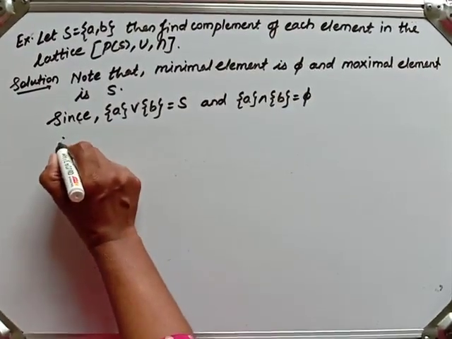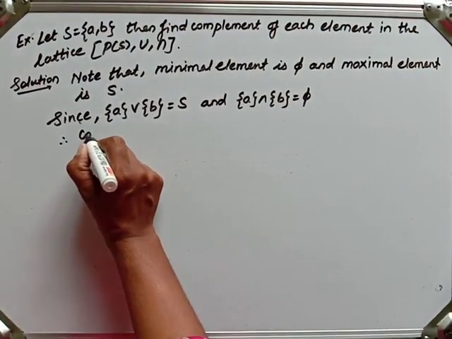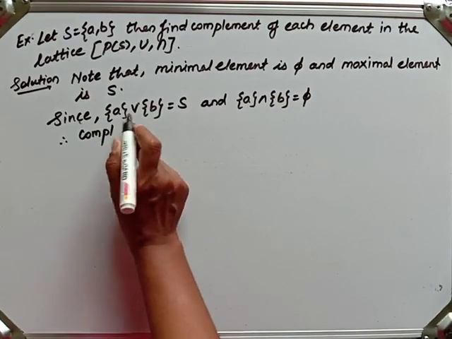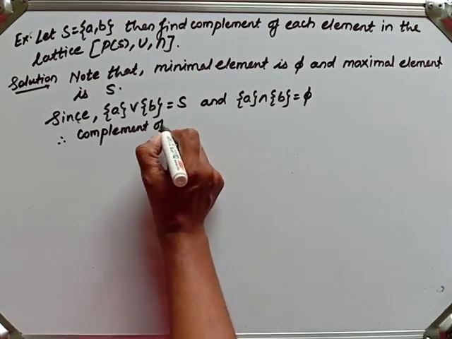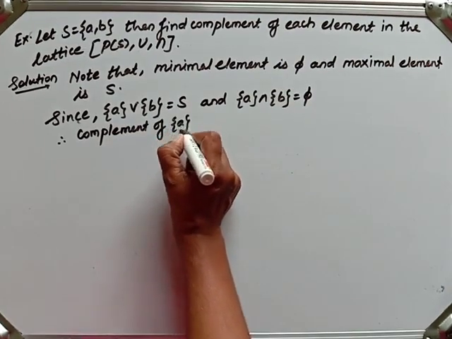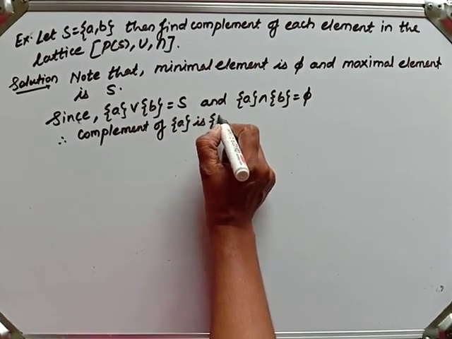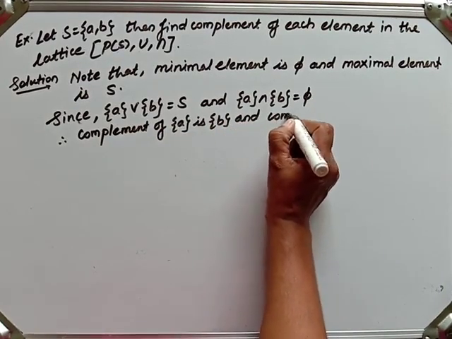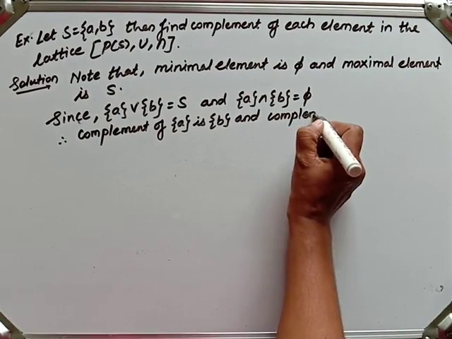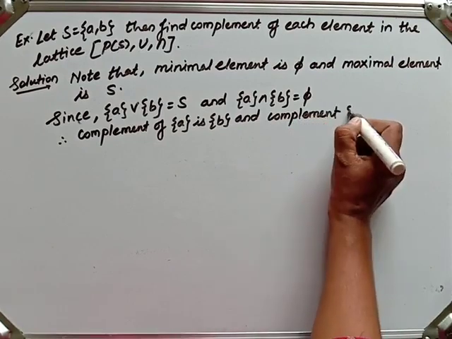Therefore, these are complements of each other. So the complement of singleton a is singleton b, and the complement of singleton b is singleton a.